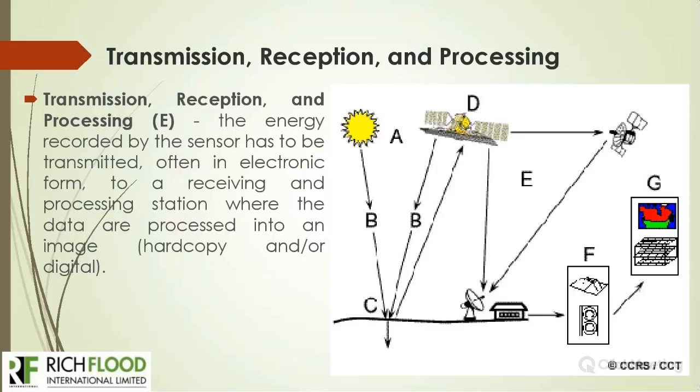Another component that is very vital in a remote sensing system is the transmission and processing of the data that has been received by the various sensors placed above the Earth surface.